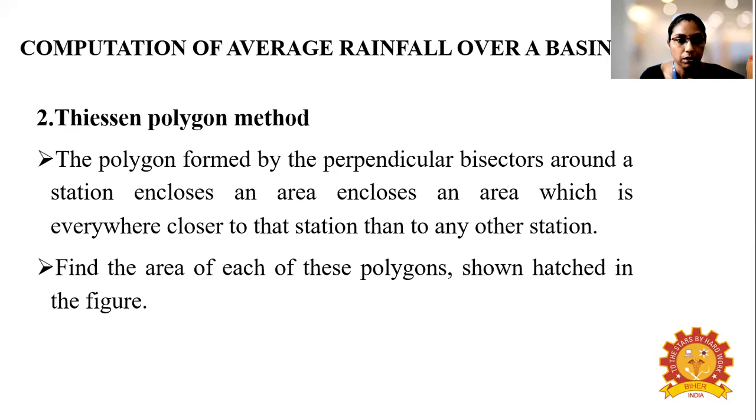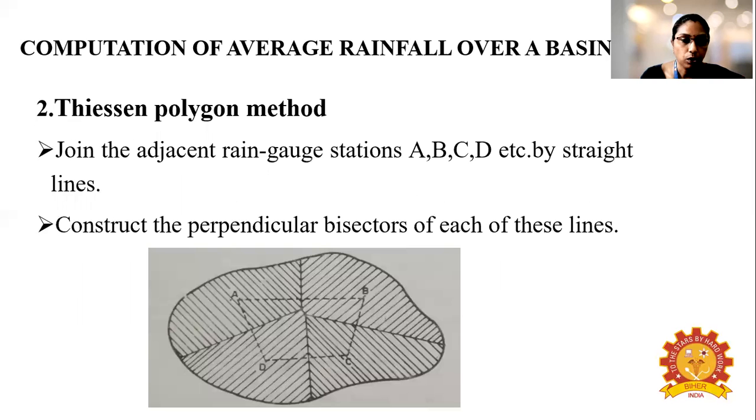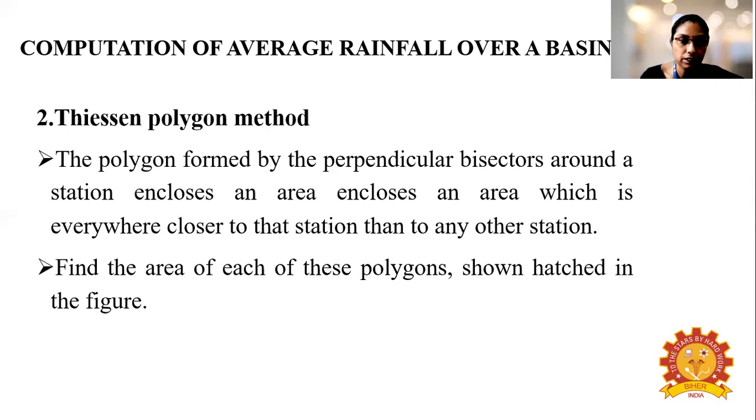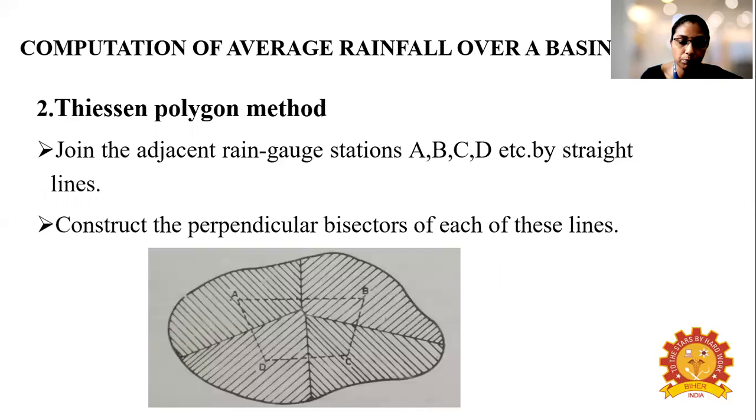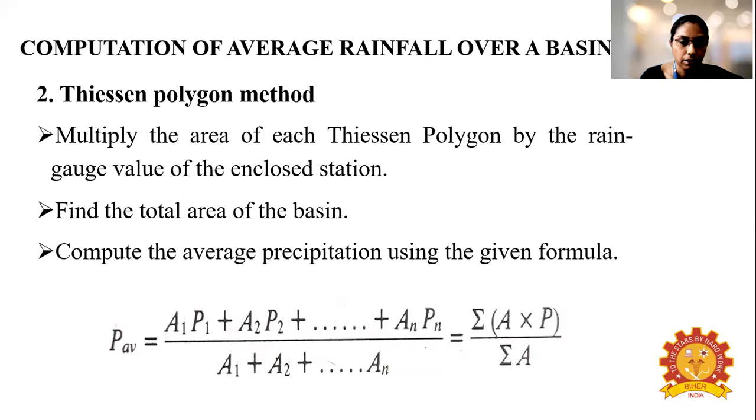Now you can find the area of each of these polygons, shown by hatching, that is all the areas in the polygons. Then multiply the area of each Thiessen polygon by the rain gauge value of the particular station.